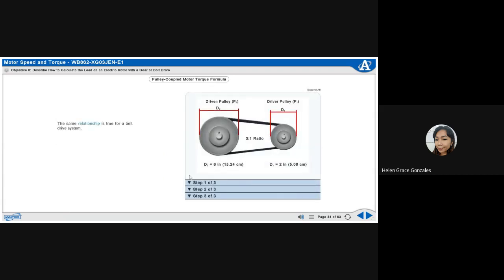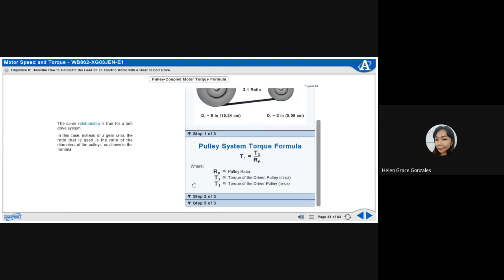The same relationship is true for a belt drive system. In this case, instead of a gear ratio, the ratio that is used is the ratio of the diameters of the pulleys as shown in the formula.